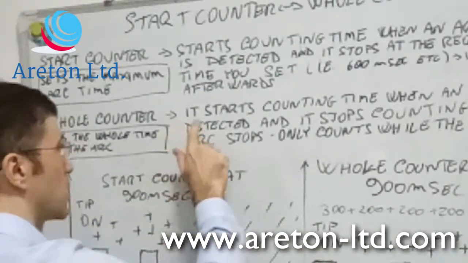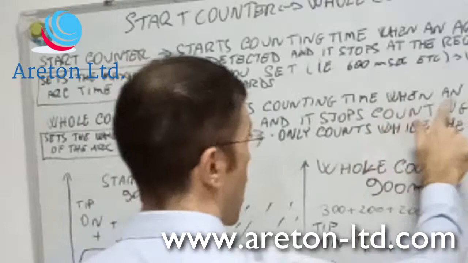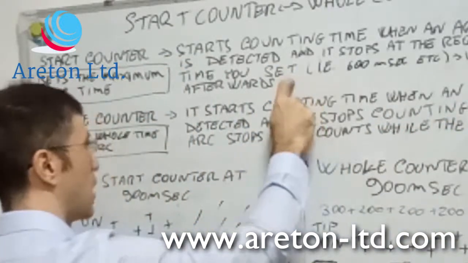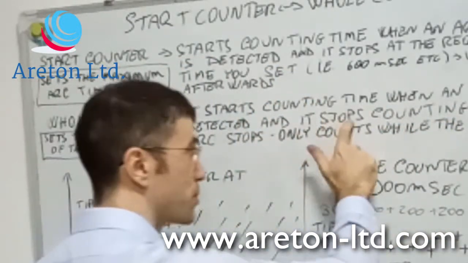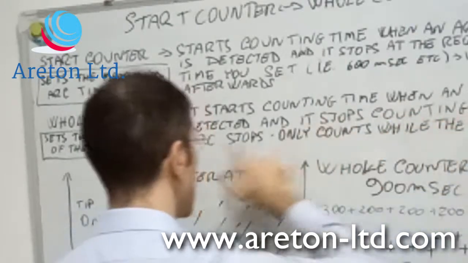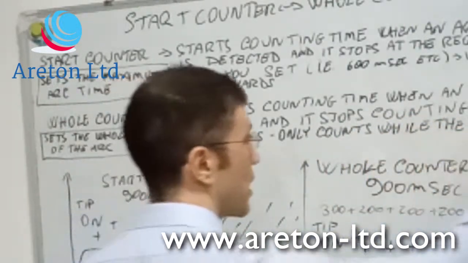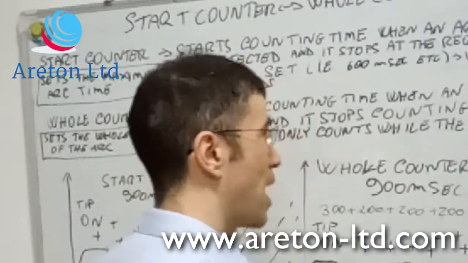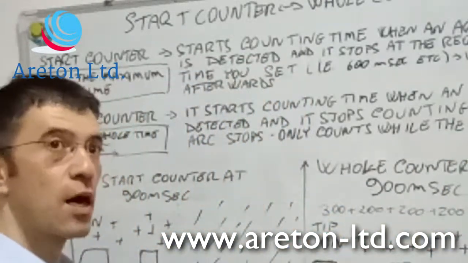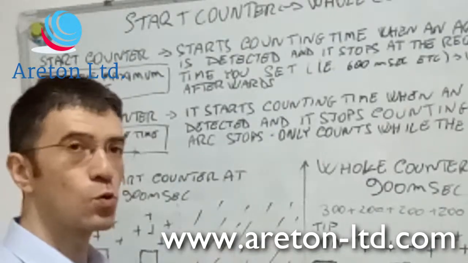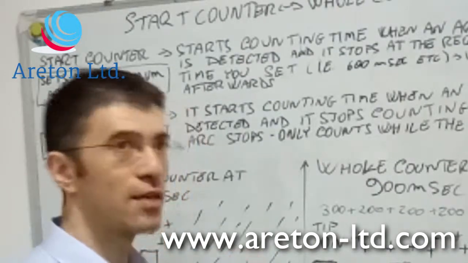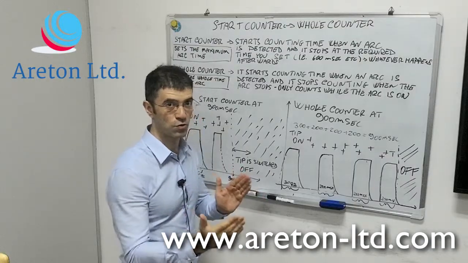So the whole counter starts counting when an arc is detected, like the start counter, and it stops counting when the arc stops. It only counts while the arc is on, and it will stop when it reaches the total duration that you tell it to last.